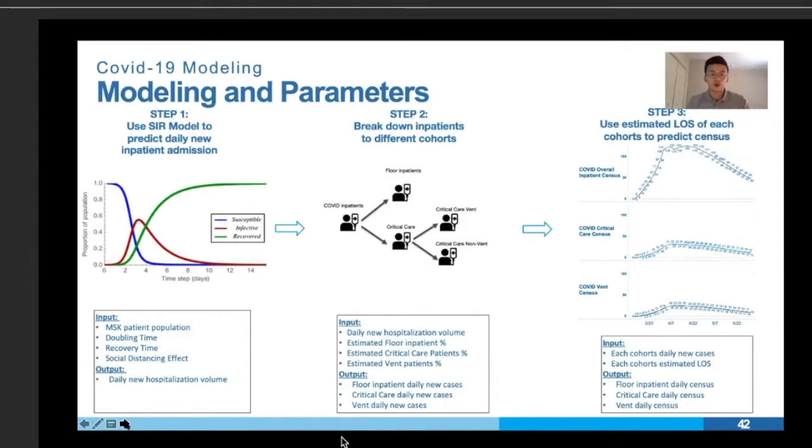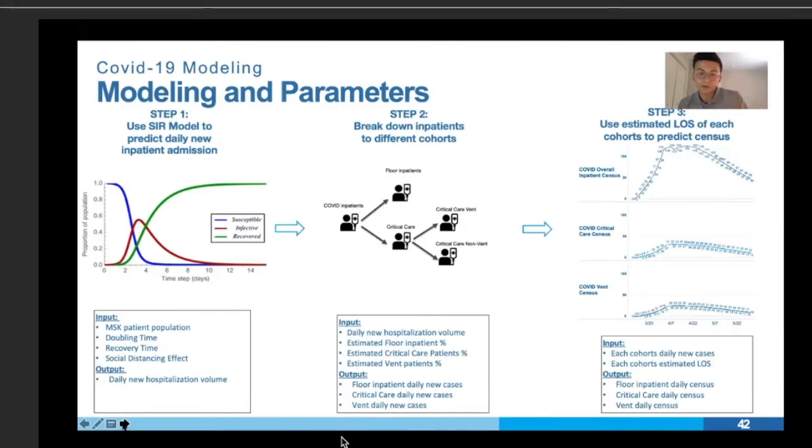Okay, so now we have the daily new hospitalization volume. We need to further break down this number into 3 different cohorts, which are floor inpatients, critical care patients, and ventilator patients, because they utilize very different critical resources. And we need to make assumptions on what percentage each cohort accounts for of the overall daily new hospitalization volume. In the second step, we got the daily new cases for each of these 3 cohorts.